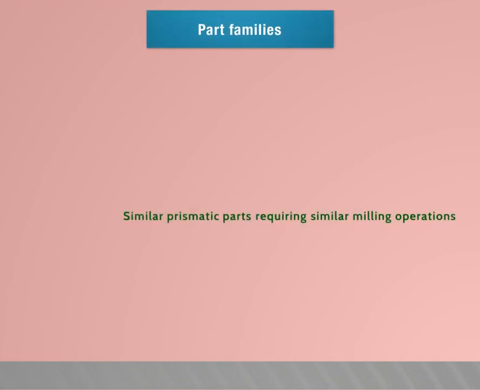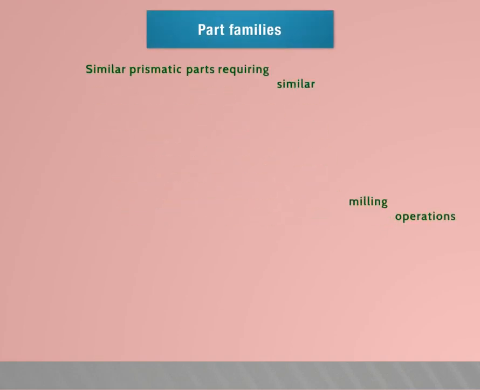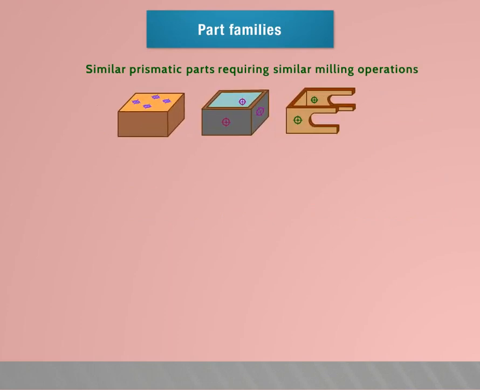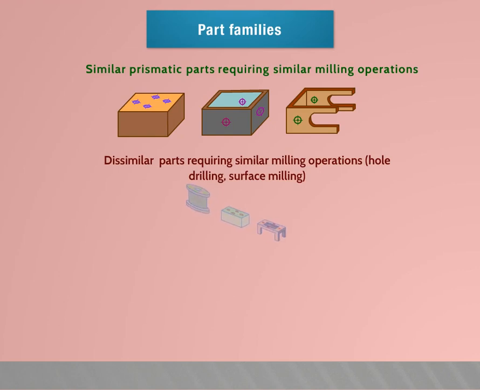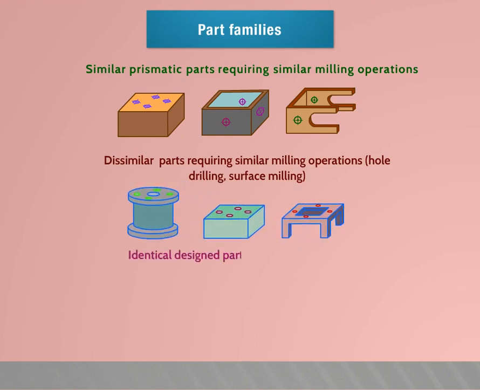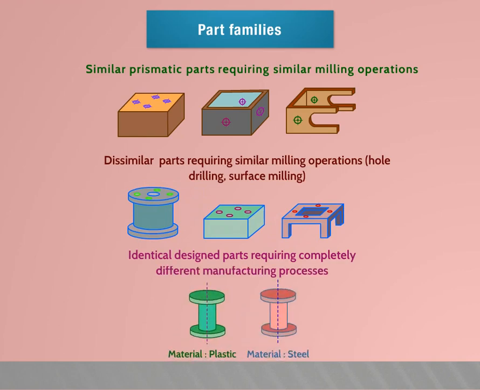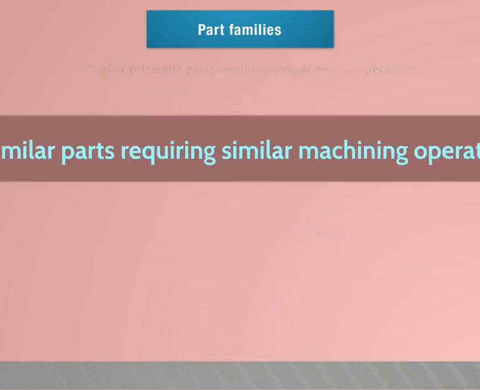Similar prismatic parts requiring similar milling operations, dissimilar parts requiring similar milling operations, that is hole drilling, surface milling. Identical designed parts requiring completely different manufacturing process, material, plastic and steel.